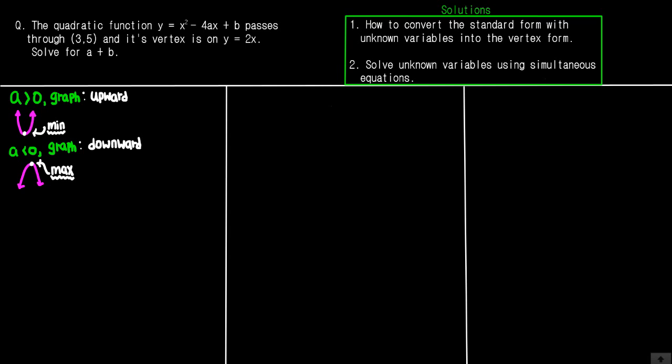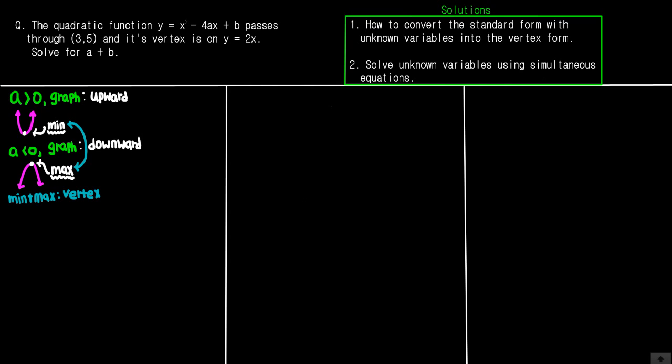And the concept of the vertex came from here. If we think about both cases, the minimum point and the maximum point, together, the result is what we call the vertex of the function.